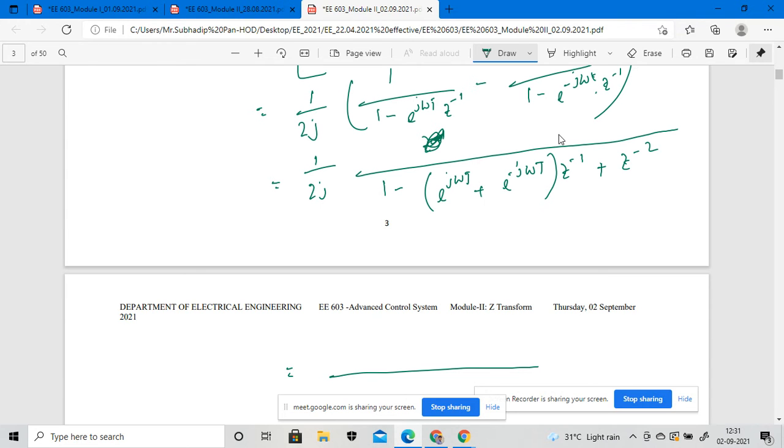It should come e to the power j omega t minus e to the power minus j omega t into z inverse. So that is the upper part.